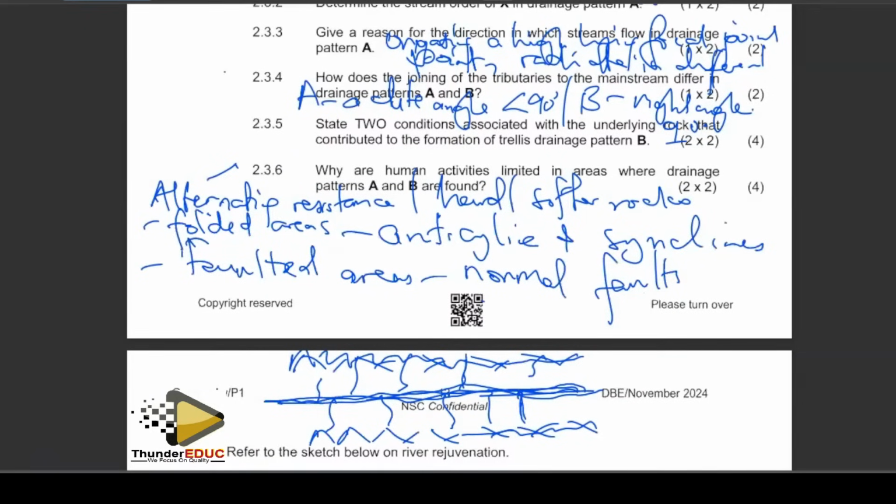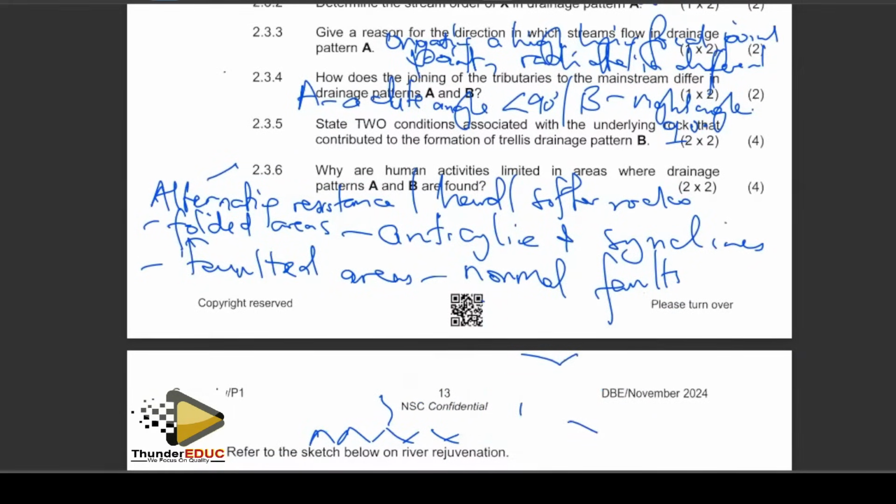Then it also implies that the low-lying area will have the major river forming and the tributaries are just being small, originating from the sides of the fold and ending into the main valley where the main stream is going to flow along and become a longer river.